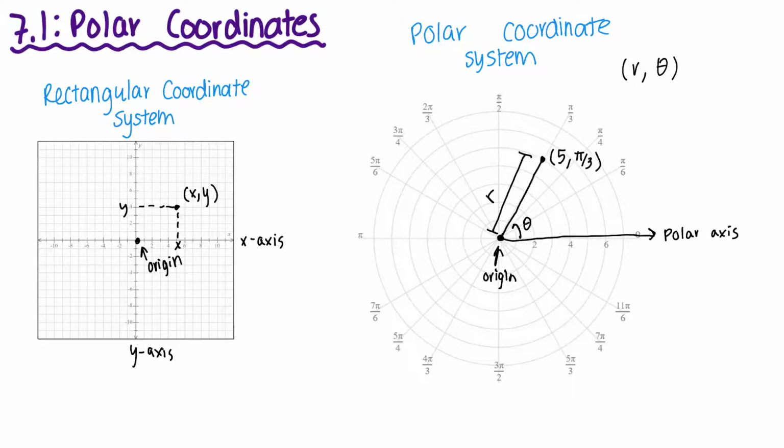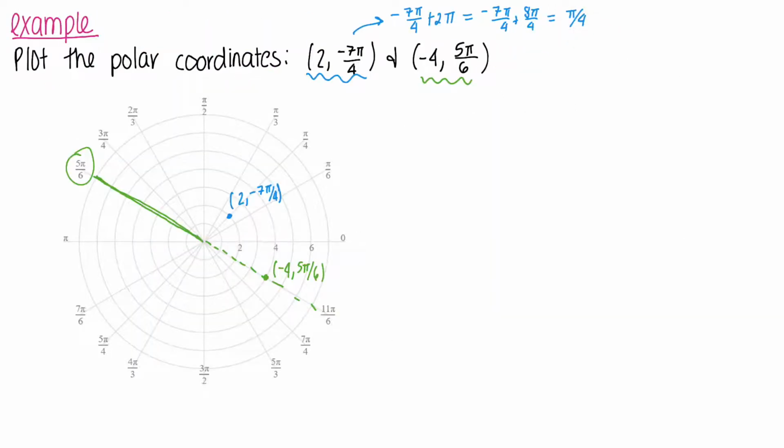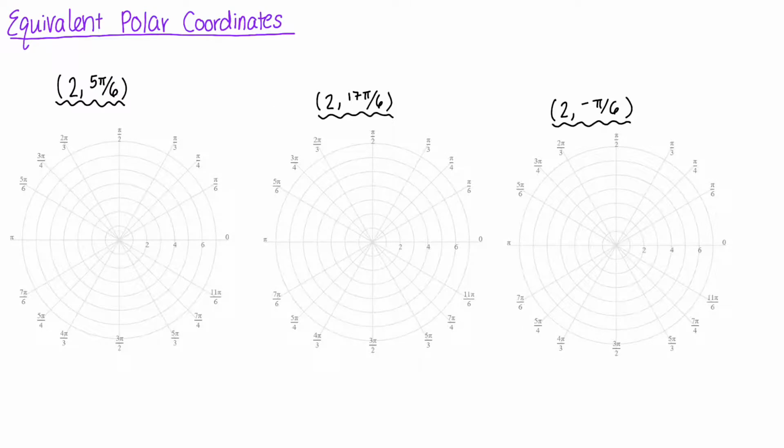However, like we experienced in this problem here, having negative 7 pi over 4 as the angle and having pi over 4 as the angle, it's the same point, right? I can go backwards, or I could just find a coterminal angle and go forward and have the same exact point. And there's, in fact, infinite representations of every point in the polar coordinate system.